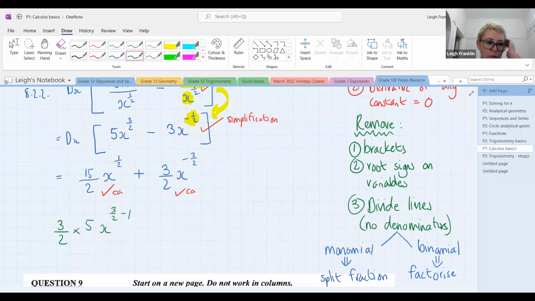That's your power rule. When you multiply fractions together, you multiply numerator with numerator and denominator with denominator. So 3 times 5 is where the 15 comes from, and 2 times 1 is where the 2 comes from. Put down your x, and when you take 1 away from 3/2, which is 1.5, you would just be left with a half. Does that make sense?